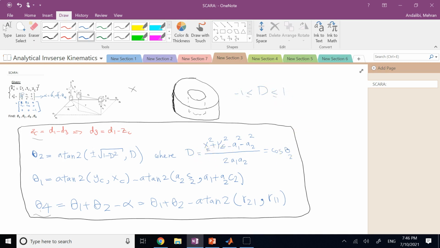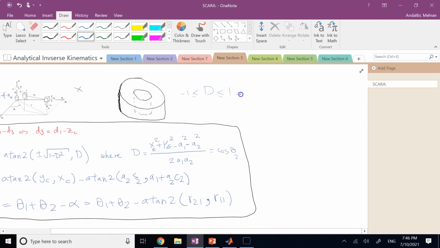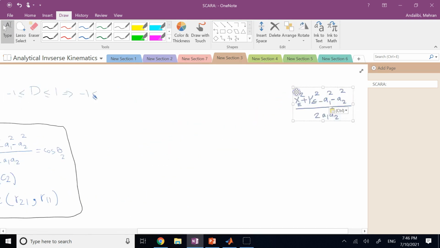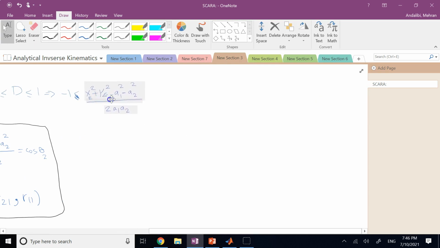So this D parameter should always be between -1 and 1 if you want a solution for theta 2. And if you plug in for D whatever it is, which is this guy, then you will get two things.